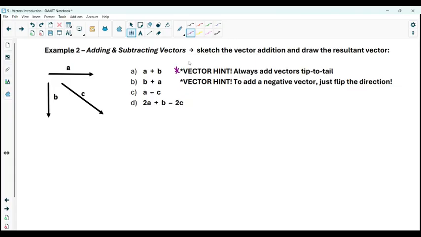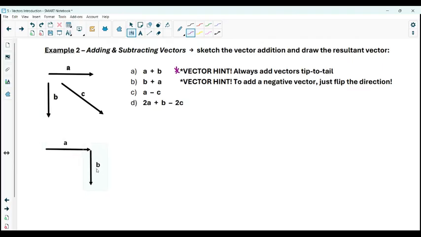The other vector hint is to add a negative vector, just flip the direction, because we know the negative of a certain vector is the same magnitude going the opposite direction. That's one thing we know about vectors. So I can say, okay, my example A is A plus B. So I'm going to grab my A vector here, and then I'm going to grab my B vector. I'm going to go tip to tail.